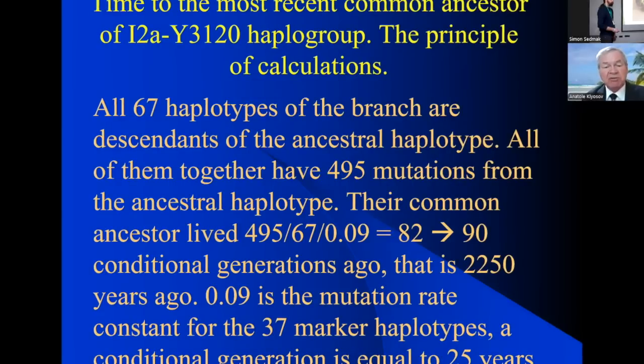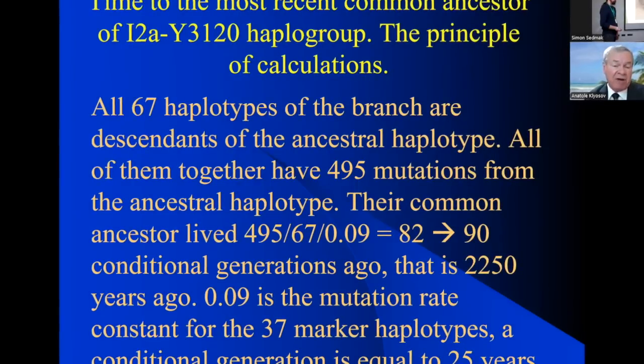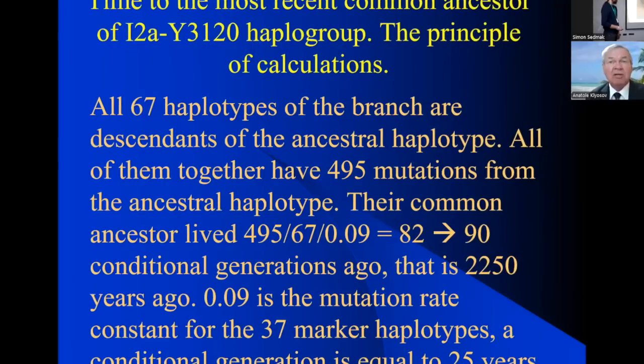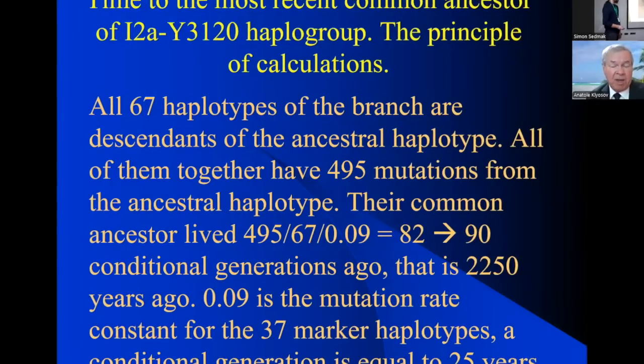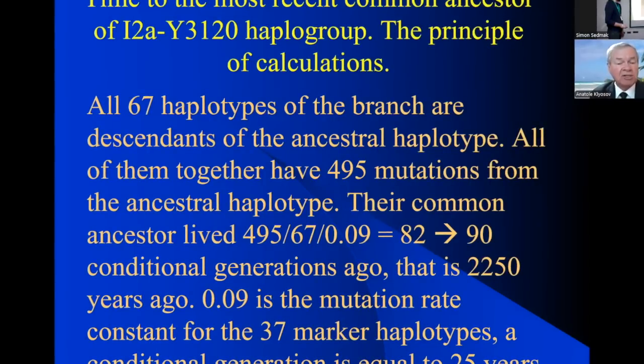However, based on a number of things, one of them, the United Nations recommends 25 years for a generation when they calculate economics and other factors. Now we pick 25 years. It is not a real generation. It's a mathematical number using which we calculate 0.09 as a mutation rate constant for those kinds of haplotypes.